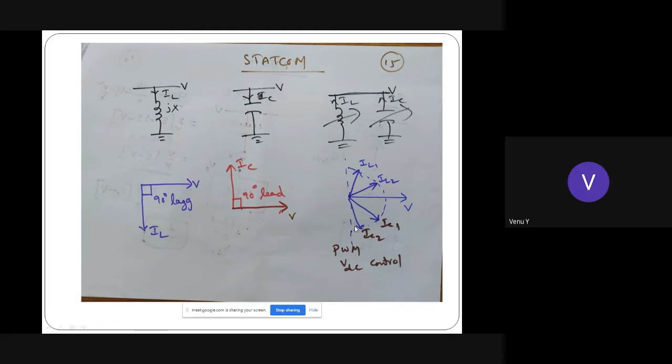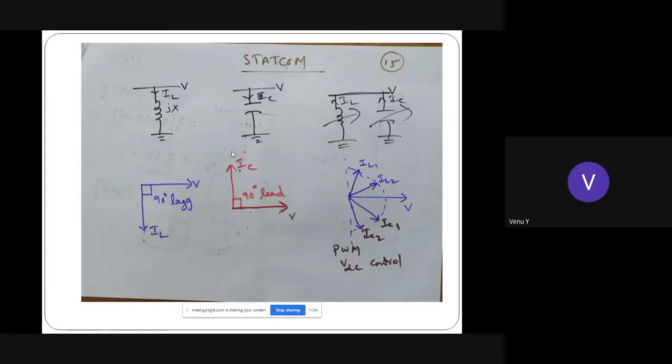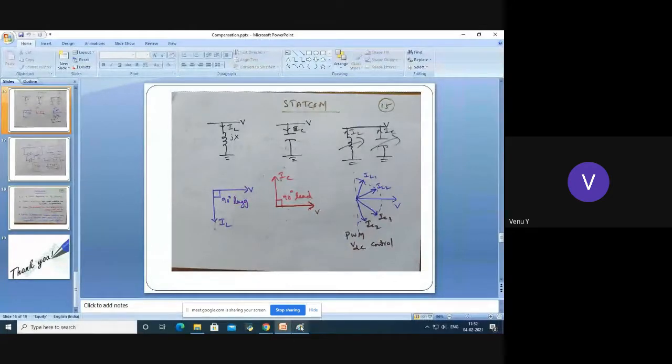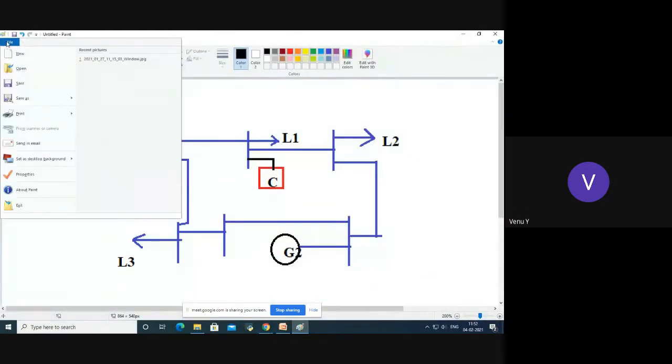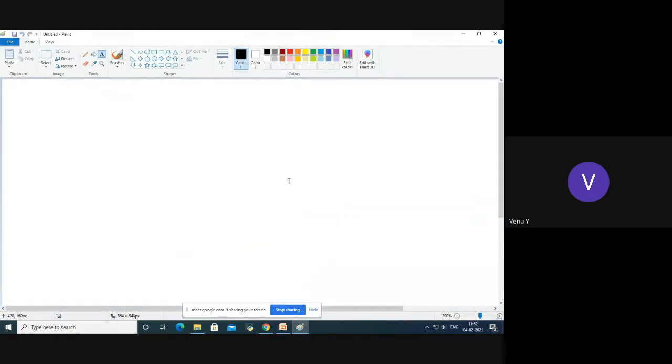So it has a wide range of control over current, and therefore over reactive power. Now I will explain the VI characteristics of STATCOM.